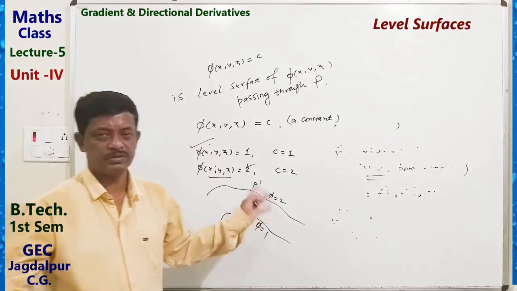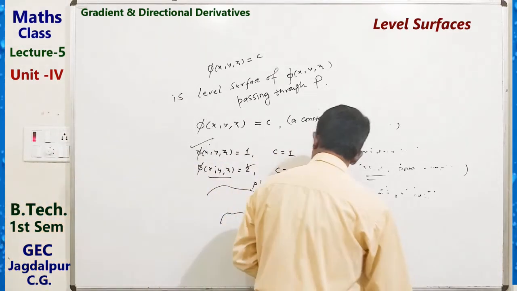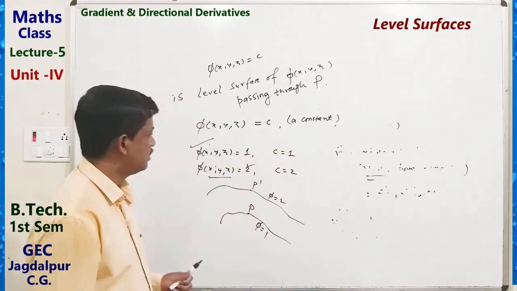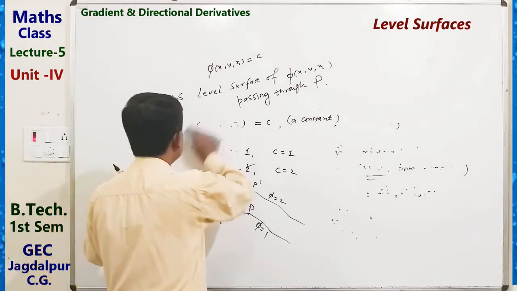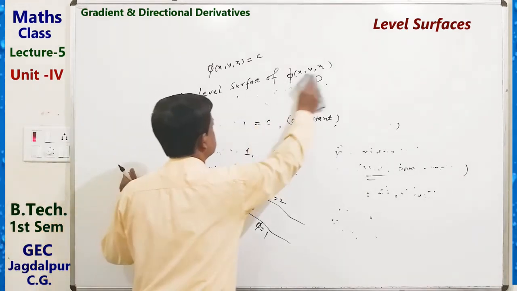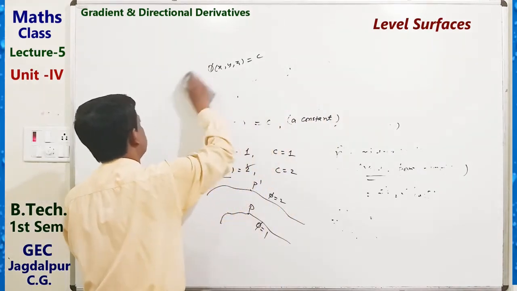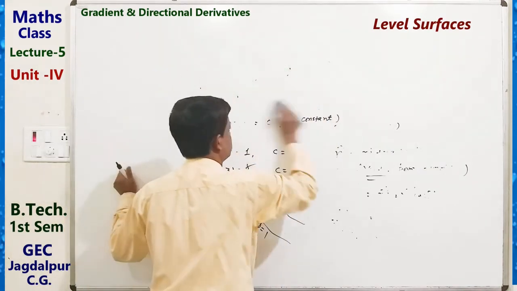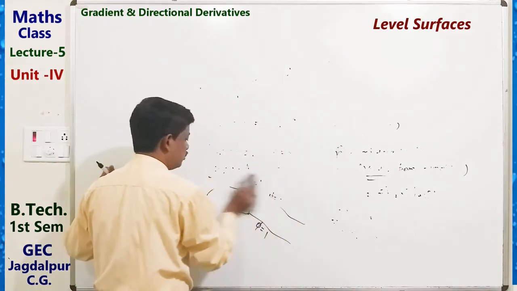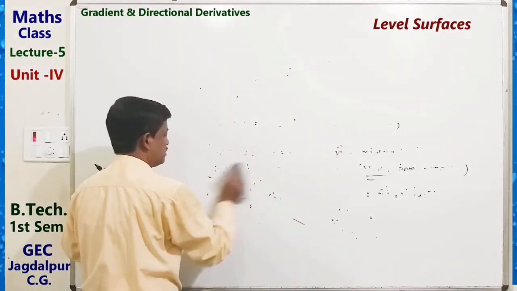So two level surfaces cannot intersect. Level surface means the value of the function on the whole surface is the same. Through a point we can draw a level surface.